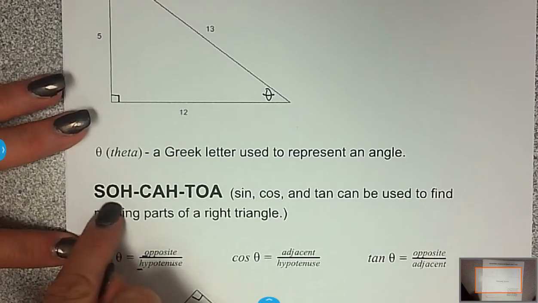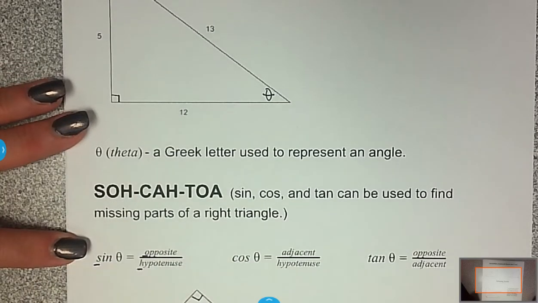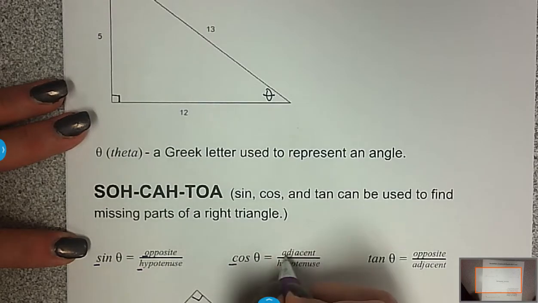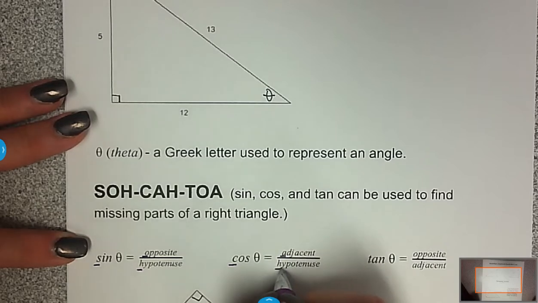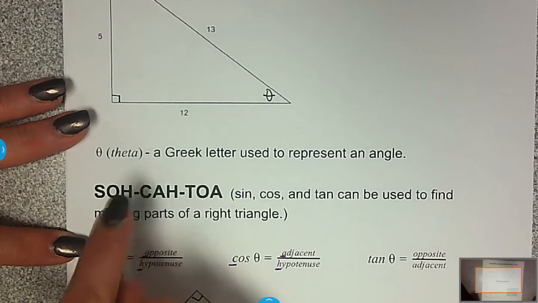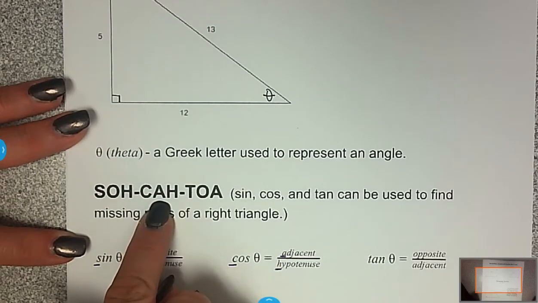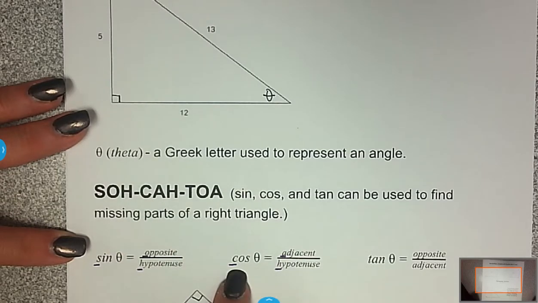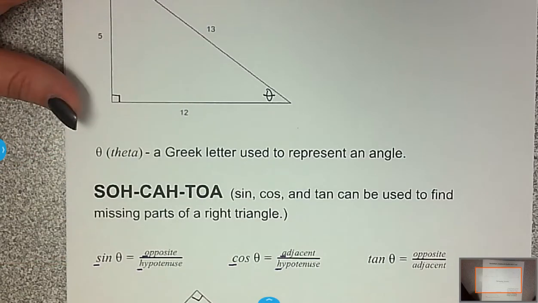That's where the SOH in SOH CAH TOA comes from. The sine of theta is equal to opposite over hypotenuse. Your cosine, there's your C, the A in adjacent, the H in hypotenuse. That is the CAH in SOH CAH TOA. So your cosine of theta is equal to the adjacent side over the hypotenuse.